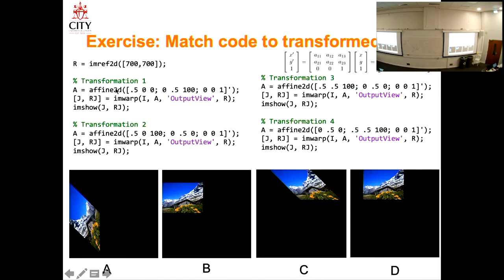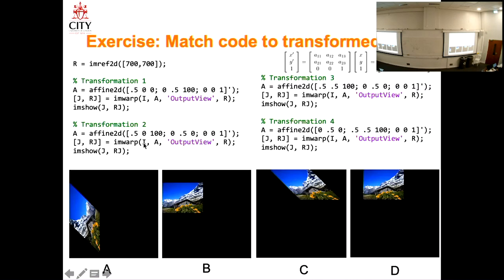Then I create this affine2d. So I'm doing 0.5, 0, 0, 0.5, 100. So this 100 is already telling me that I have 100 here. What is it doing? It's shifting x 100, shifting y, right? So it's shifting y 100.